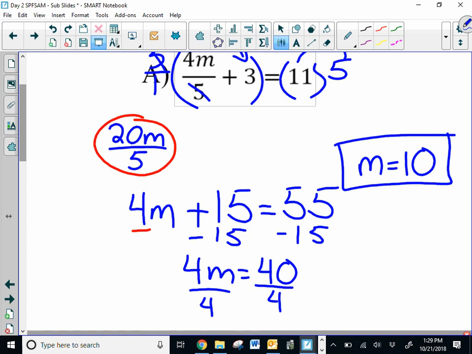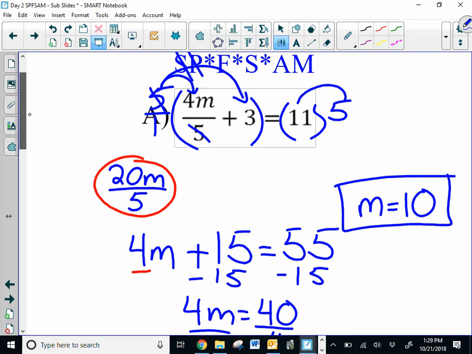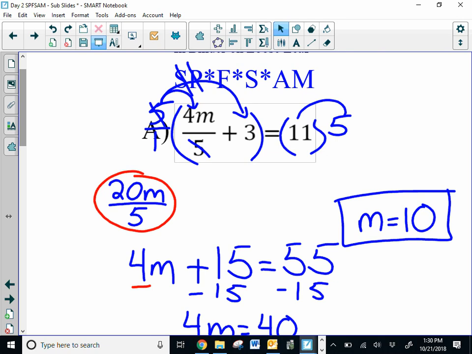Now remember from yesterday, these are easy to check, so check them, right? M equals 10, well, that's supposed to be the thing that makes that first equation true. So if we plug in 10 to our original equation, that's 4 times 10 over 5 plus 3.